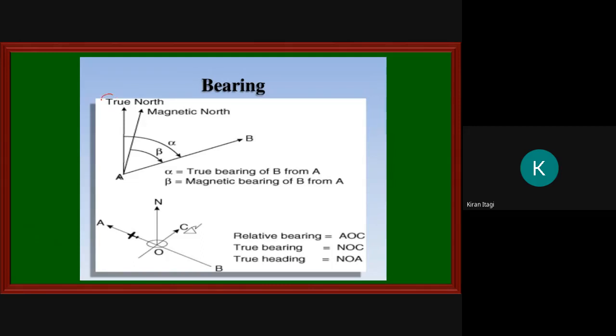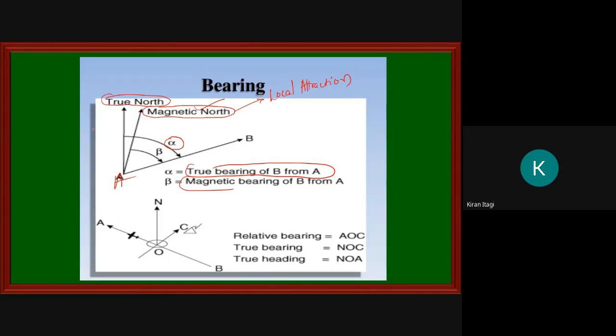See, this is the true north and this is the magnetic north. This may be due to some local attractions. See here, this alpha angle is called the true bearing from A to B. Beta is called the magnetic bearing because it is measured with respect to the magnetic north.